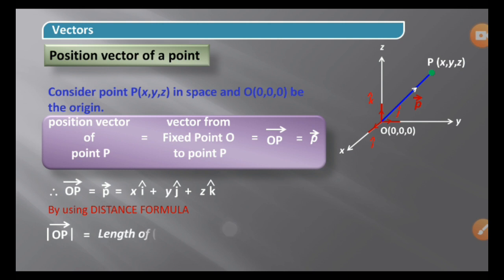It is nothing but the length of OP. So by using the distance formula with the points origin and the point, the answer will be square root of x square plus y square plus z square.